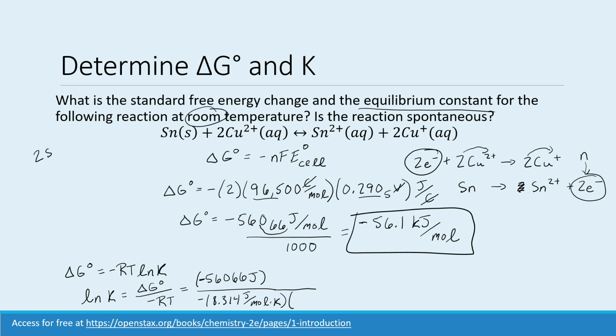So remember that room temperature is 25 degrees Celsius. Of course, if we want that in Kelvin, we need to add that 273 to give you 298 Kelvin. 298 Kelvin at room temperature.